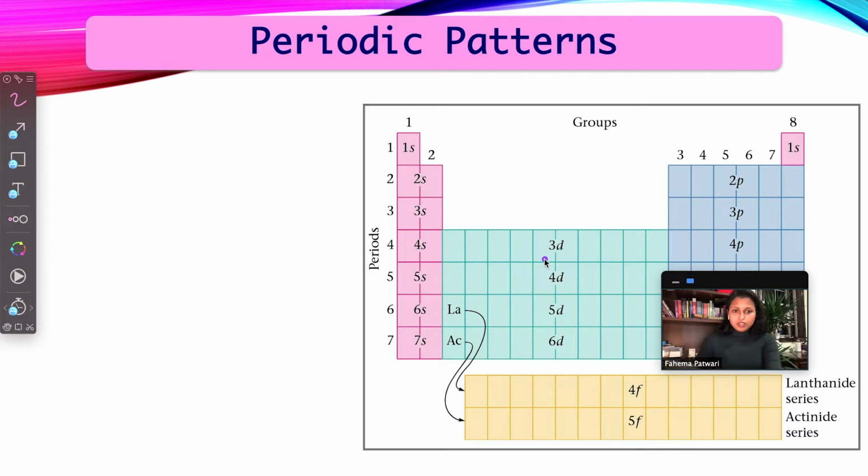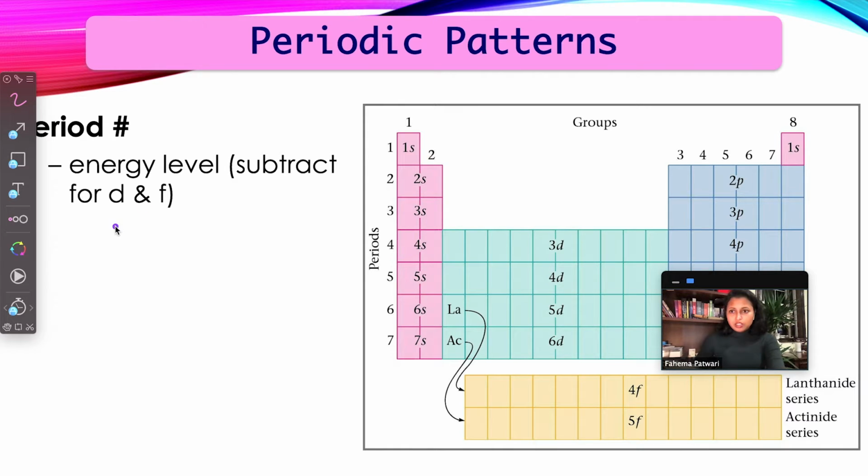Okay, so you also can look at the electron configuration for an element and know some things about it. From the configuration, you can figure out where it is on the periodic table, right? If it ends in 4s, it's somewhere here. If it ends in 4p, it's somewhere here.